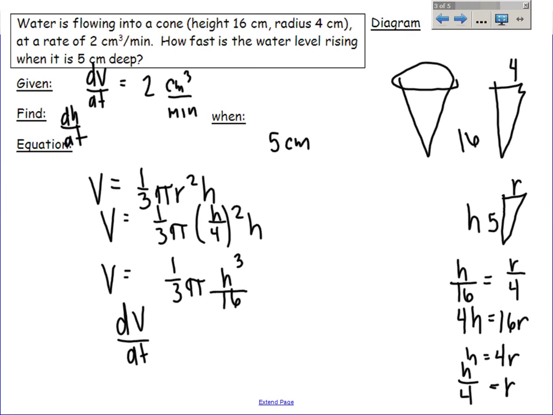We're going to have dV over dt equals, this is just a power rule. Bring down the 3, 1/3 times 3 actually is gone, so I have pi h squared over the 16, and dh over dt, since height is not time, we have to respect the time.